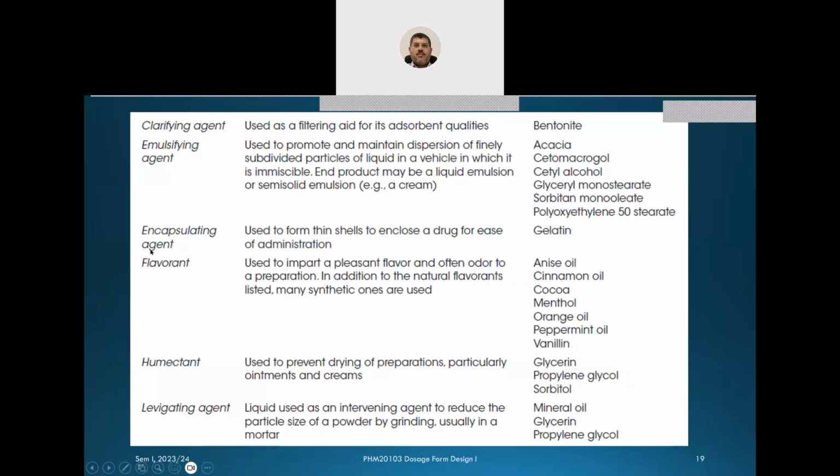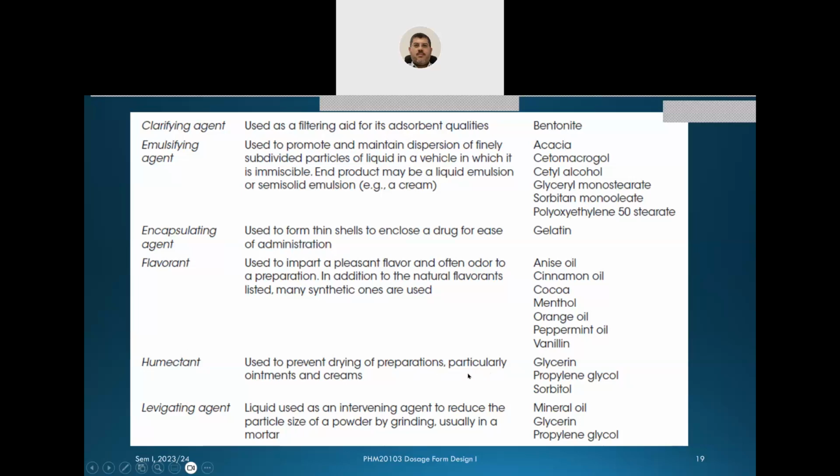Some materials are used as flavorant just to give certain flavor, smell, and taste, like anise oil, cinnamon oil, cocoa, menthol, orange oil, peppermint oil, vanillin, and so on. Depends on the flavor you want to give. Sometimes in the formulation we use humectant. Humectant is a substance that will absorb water and prevent drying of the preparation.